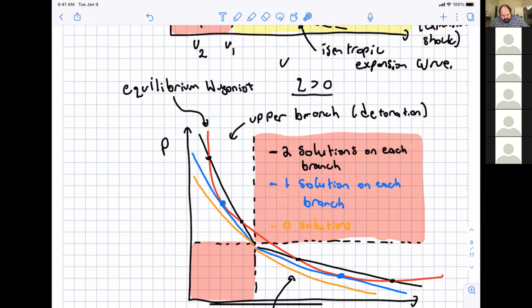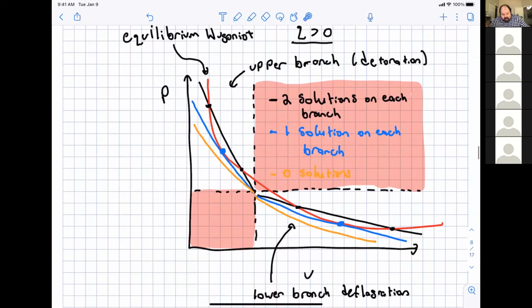And so here we see when we draw our Rayleigh line, for a given Rayleigh line, there can be up to 2 possible solutions. We can have this Rayleigh line here that has 2 solutions, this orange Rayleigh line here that has 0 solutions, and this special blue Rayleigh line that has exactly 1 solution.